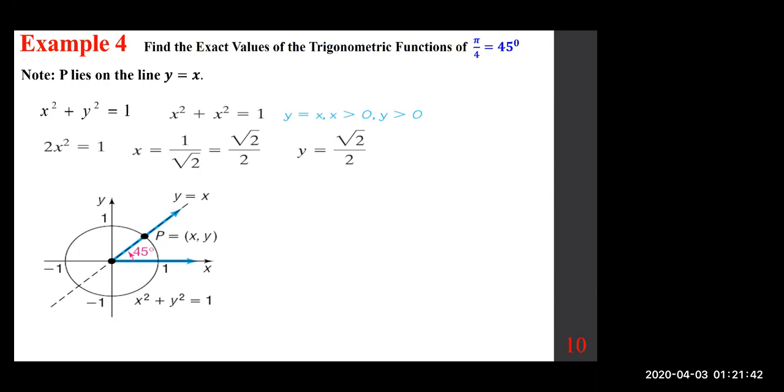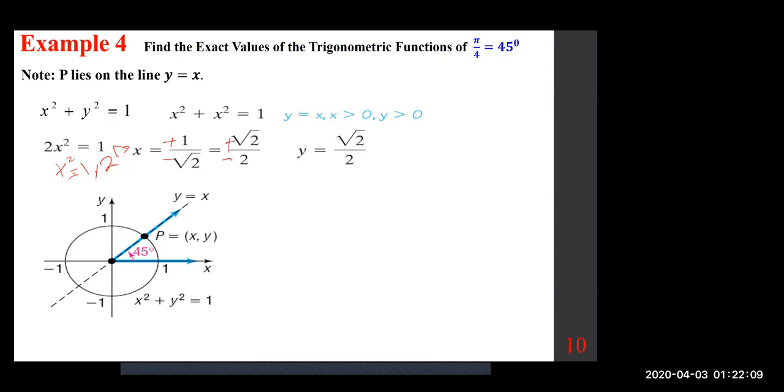It's important to know that really you have two answers. X squared equals 1/2 and x is plus or minus 1 over square root of 2.